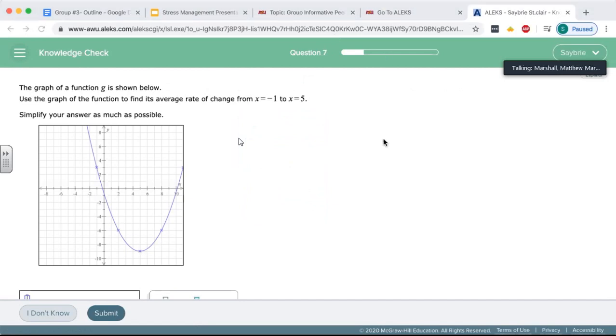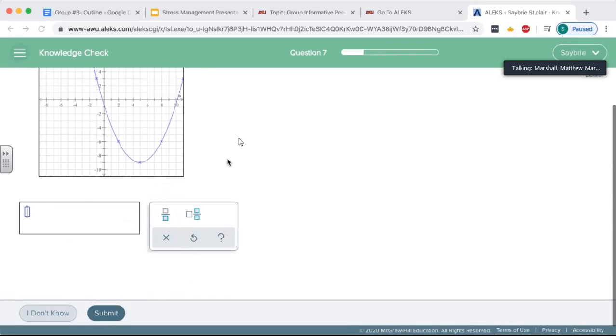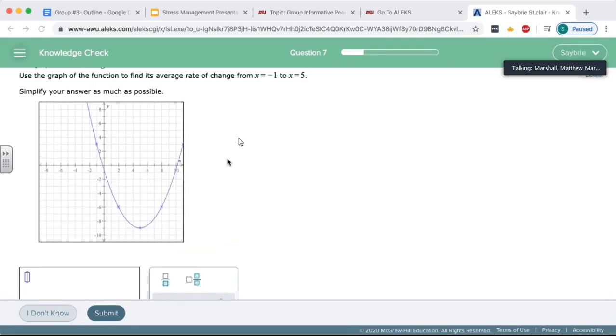Alright, so this one, use the graph to find the average rate of change from -1 to 5. Okay, so let's write those points down. So -1 for x looks like 3 for y.